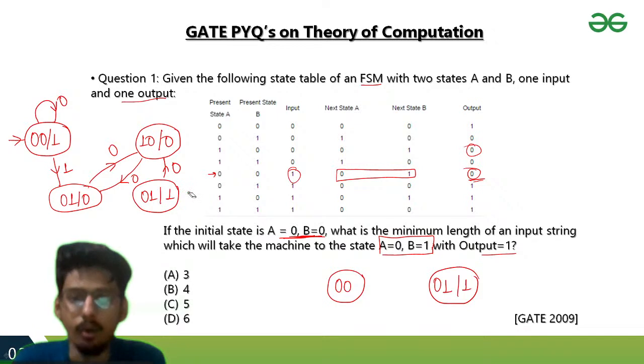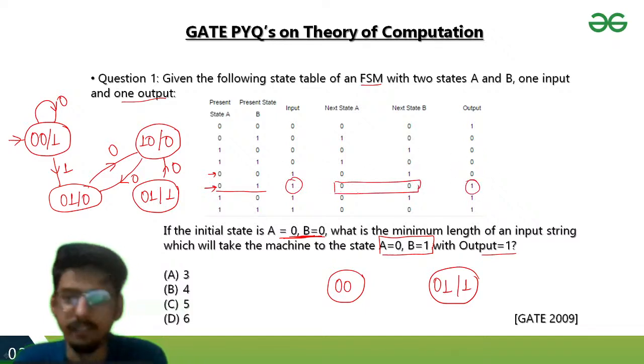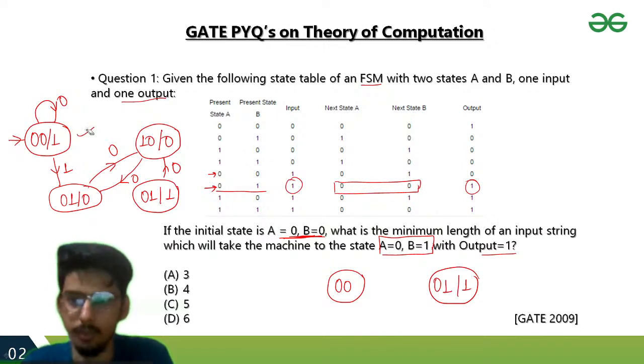Okay, now we will see this row. When I am on 0 1 and I see the input as 1, I go to the state 0 0 and the output is 1. The output is definitely 1 because I have drawn over here that 0 0 has the output as 1, right?